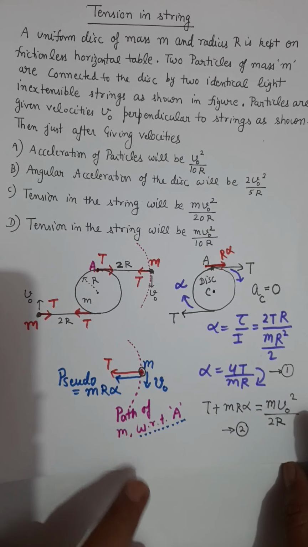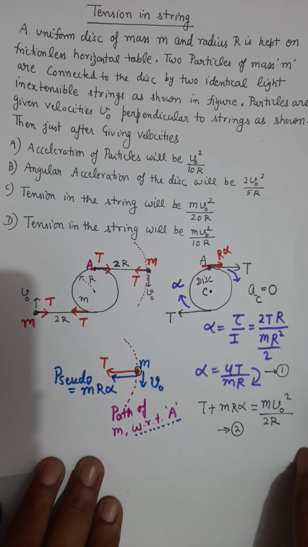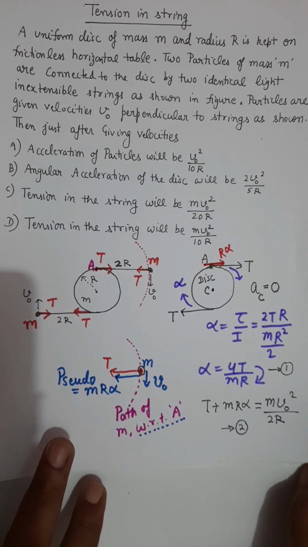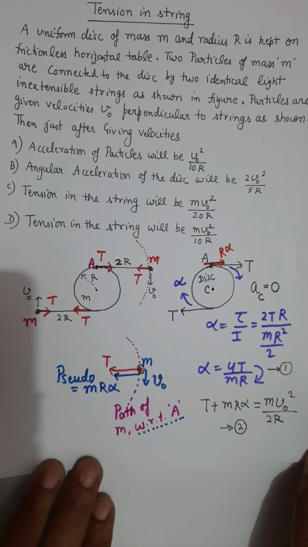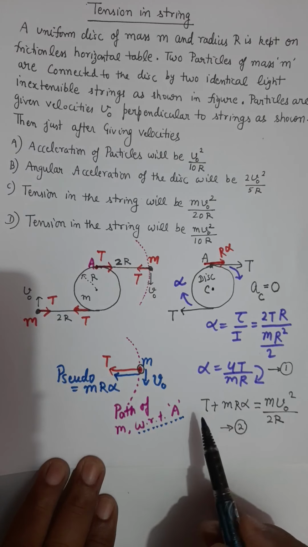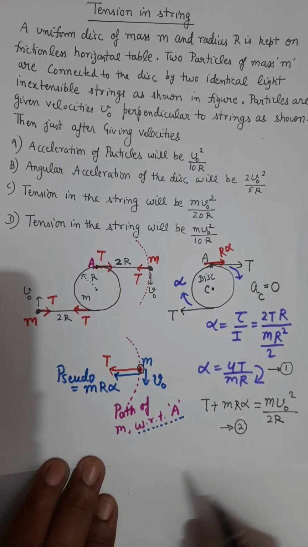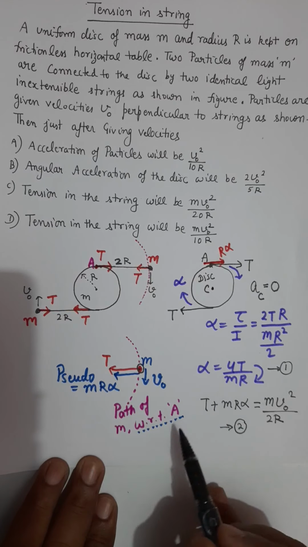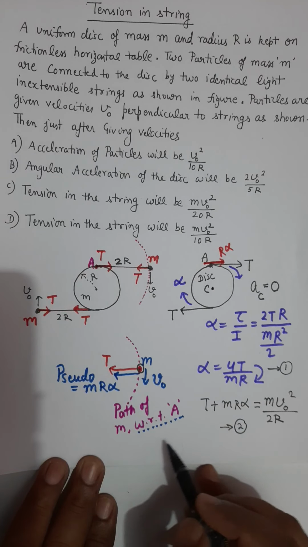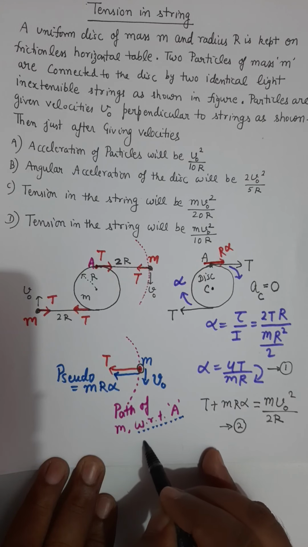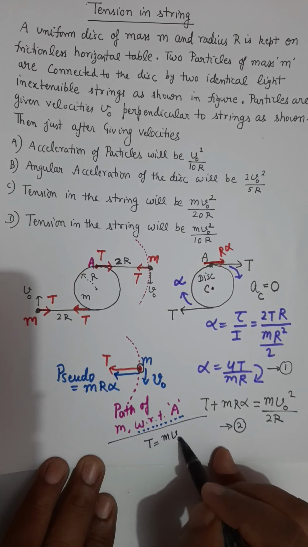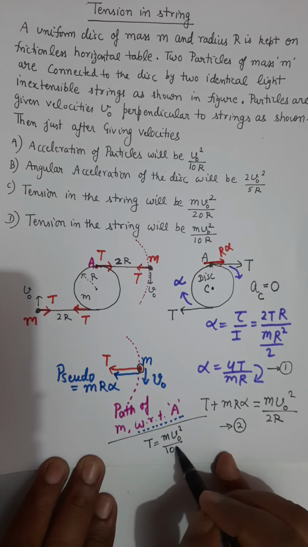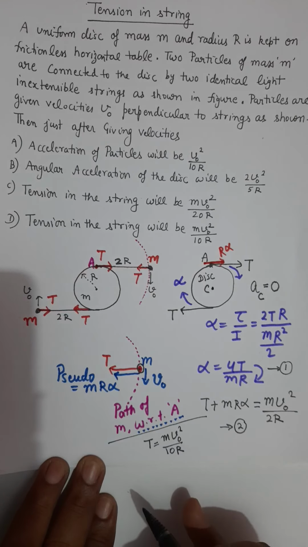Now you can solve these two equations, and we will come to know the values of the tension force and other parameters. So if I solve these equations, I come to know that capital T is m v0 square over 10r, that is the value of capital T, and therefore option D is correct.